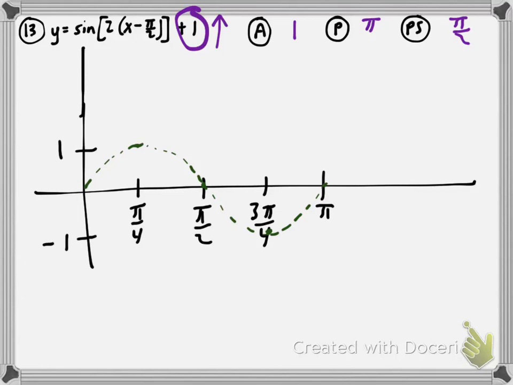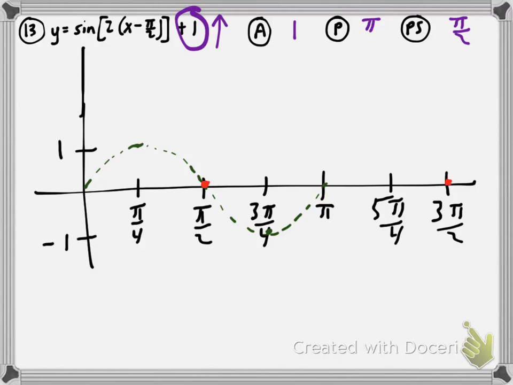Okay, so pi over 2, pi, 3 pi over 2 would be out here. In between pi and 3 pi over 2, 5 pi over 4. Okay, so red, move everything to the right pi over 2 radians. So there, and there's where we end up.